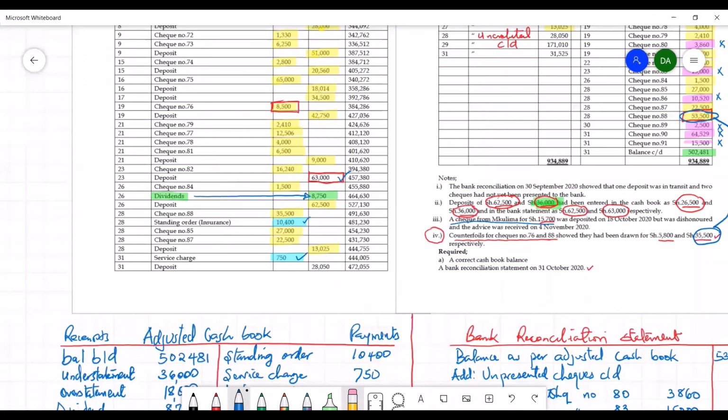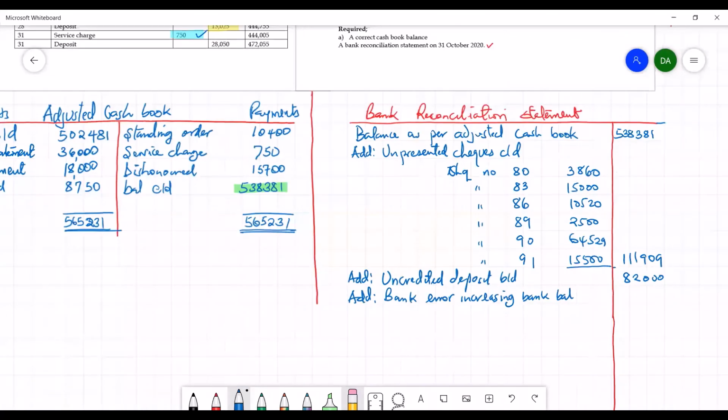So we need to then add here 27,000, which was the error. If we add all these from up there, we're supposed to get a total of 759,290.